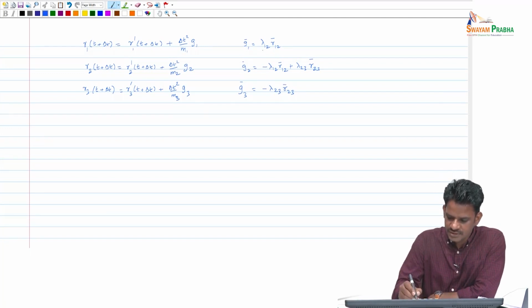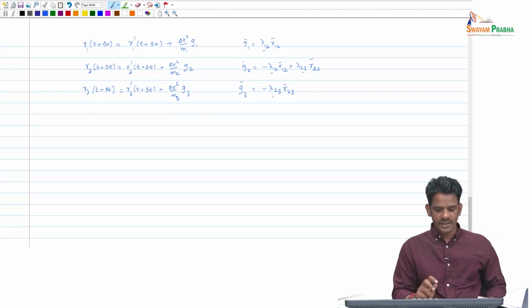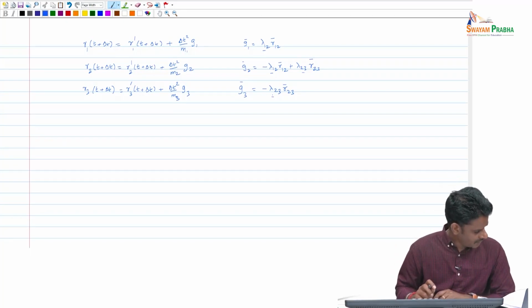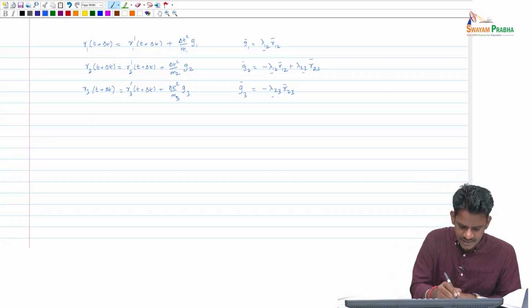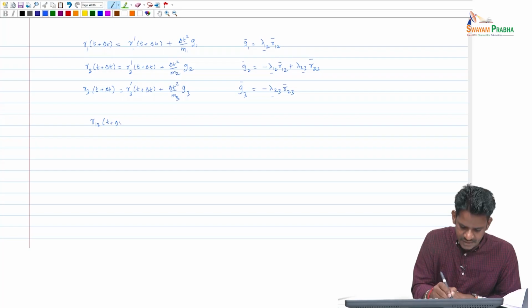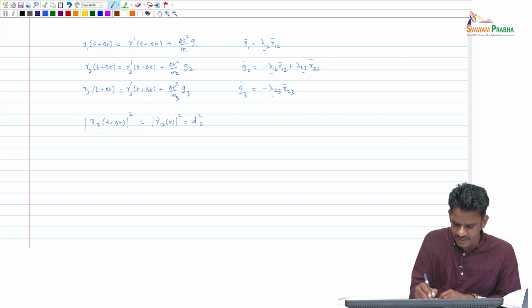Since we do not know all these Lagrangian multipliers, we have to obtain them. To obtain them, we can use the property that the distance between 1 and 2 at T plus delta T should be equal to that at time t as well, and this should be equal to d12 square.